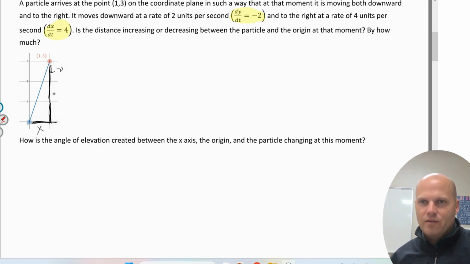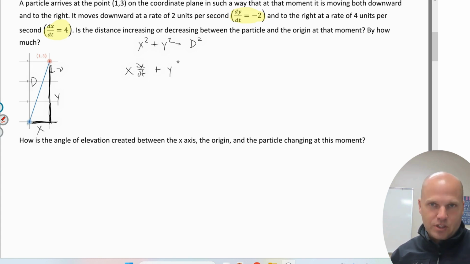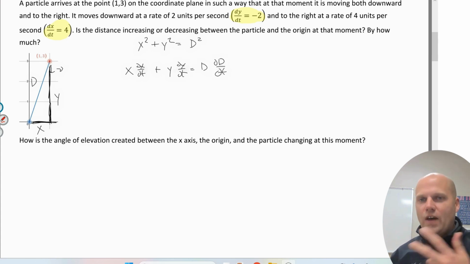Why not? Well, because we see with the Pythagorean theorem that we don't just have dx dt and dy dt determining how d is changing. You have the x position times how it's changing, the y position times how it's changing, and the d length and how it's changing. Those all factor into play.